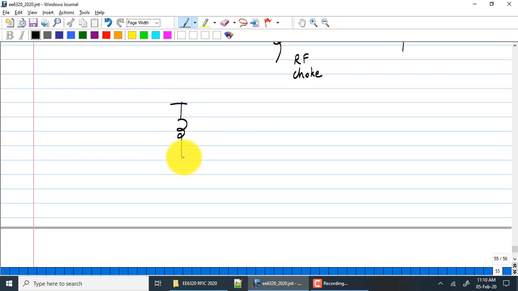Okay. So we will assume that the common source amplifier that you have chosen is resonating at the output and input.